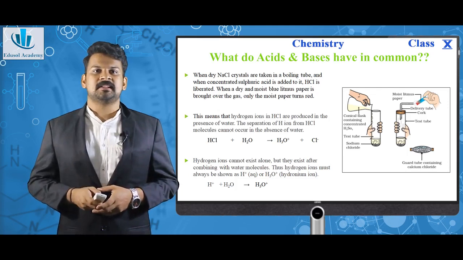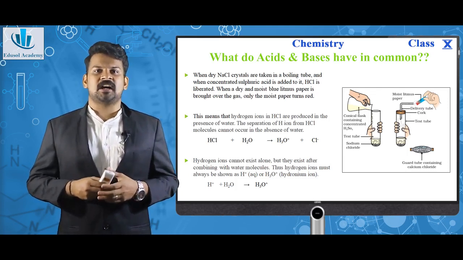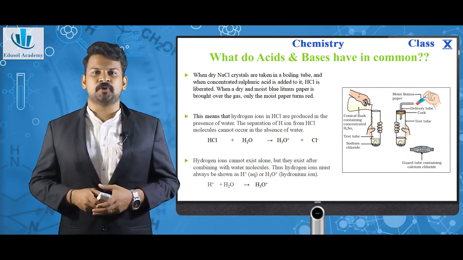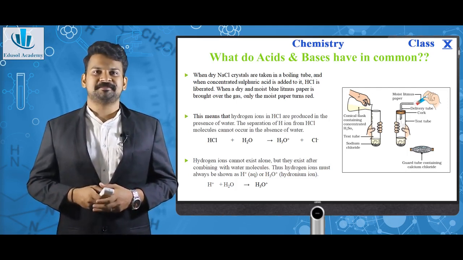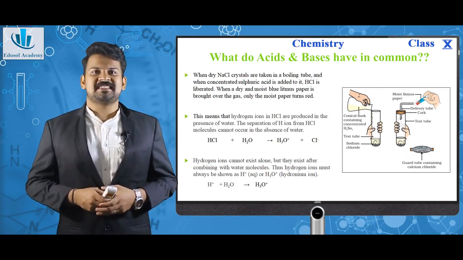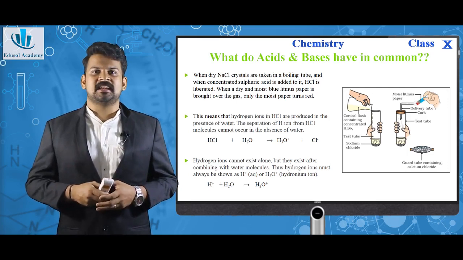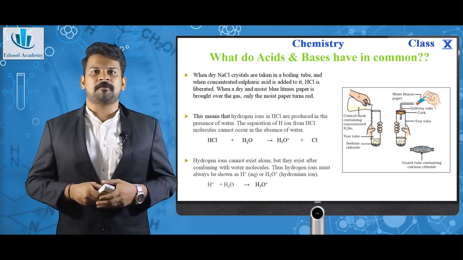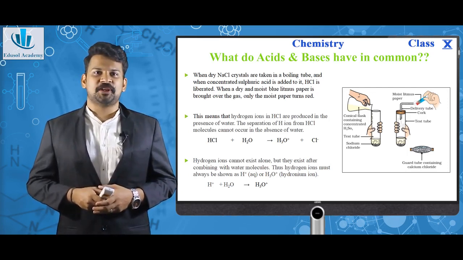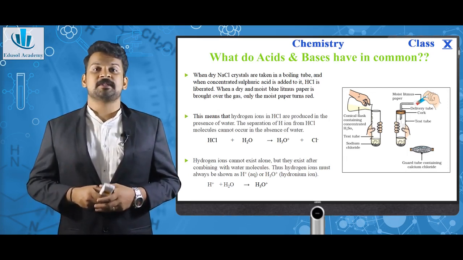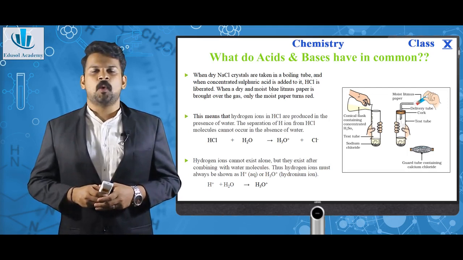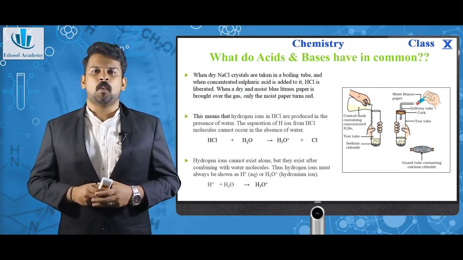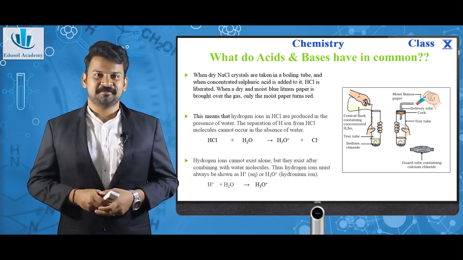This depicts that the hydrogen ions are only produced in the presence of water. This means that hydrogen ions in HCl are produced in the presence of water. The separation of hydrogen ion from HCl molecules cannot occur in the absence of water, which means that water is a necessary condition.